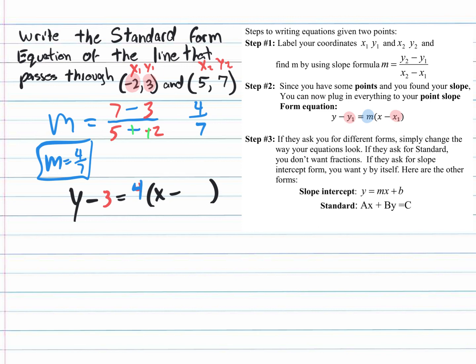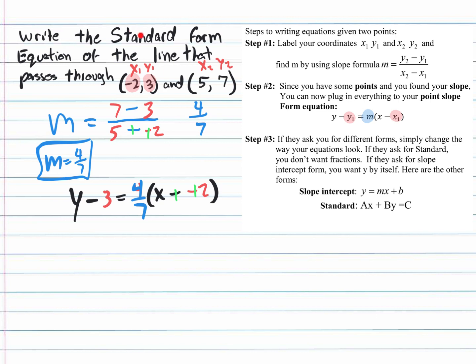Let me do that in blue to stay color coordinated. And my x1 value is negative 2. And of course, the minus minus changes to plus plus. So if they would have said, write the point slope form equation, I would be done right here. My answer would be y minus 3 equals 4/7 times x plus 2.